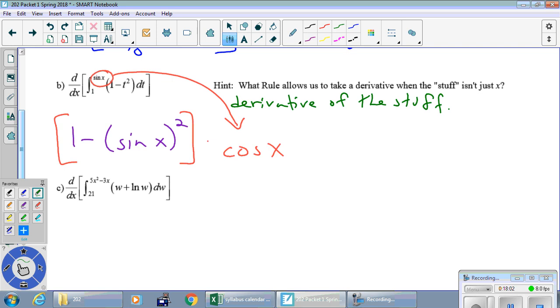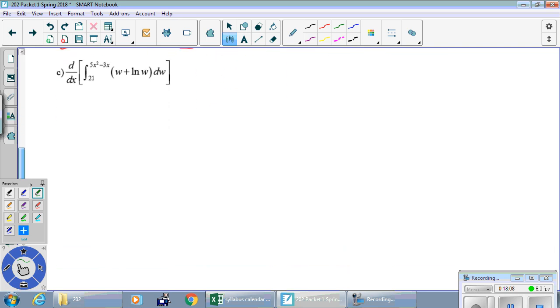Let's take a look at part C. It's the derivative of the integral from 21 to 5x squared minus 3x of w plus ln of w dw. So this is exactly the same technique. We change the w's to the stuff. There's the stuff right up there. So both of those w's become 5x squared minus 3x.